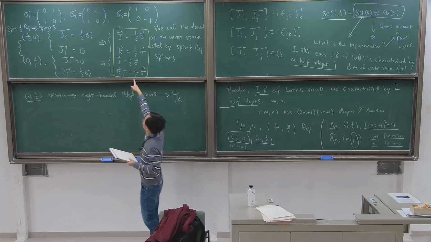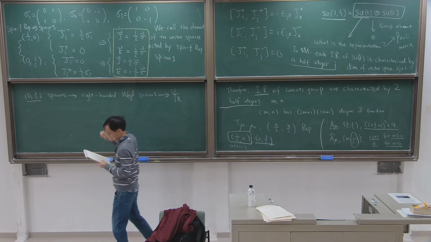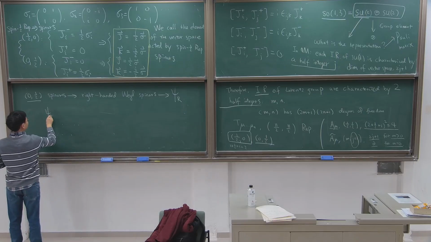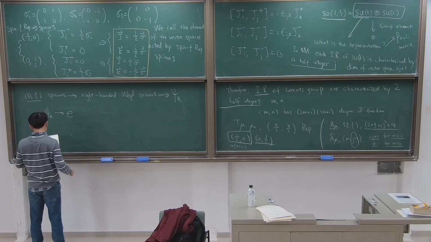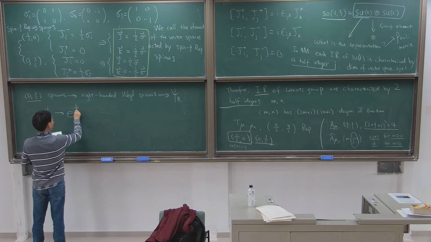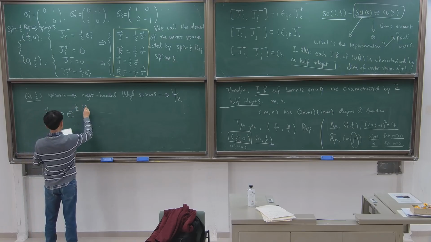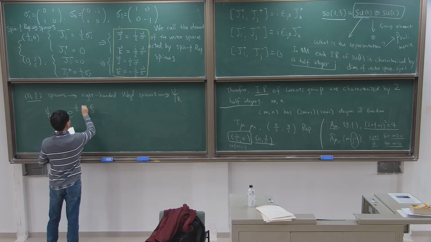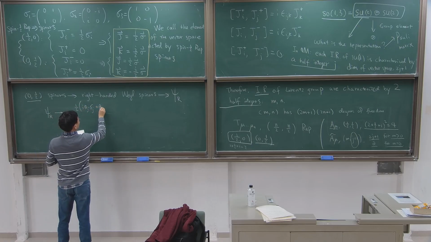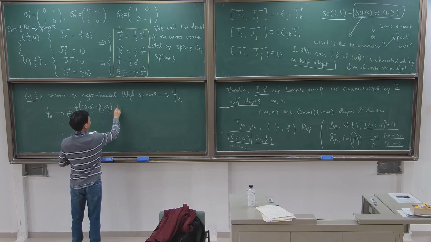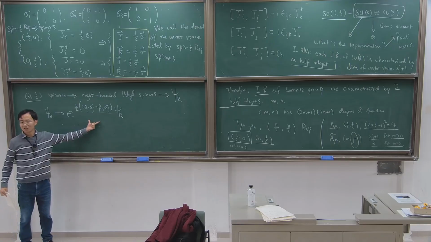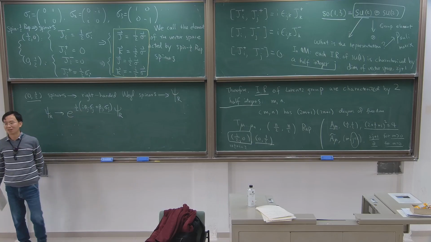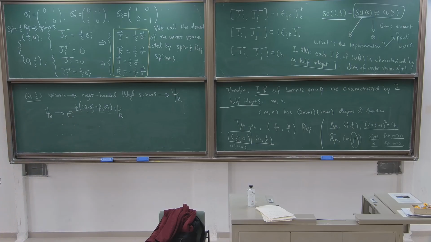Following this identification, we can easily write the transformation. So under the Lorentz transformation, psi R is transformed this way. As I said, this is nothing but the original Lorentz transformation matrix in terms of J, I just rewrite it in terms of sigma.